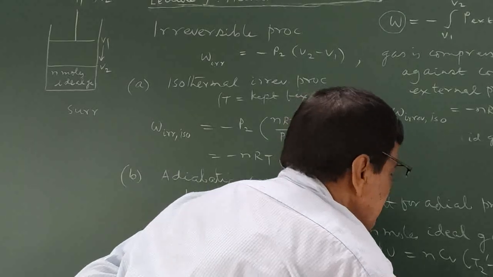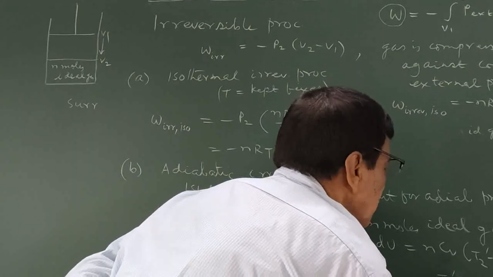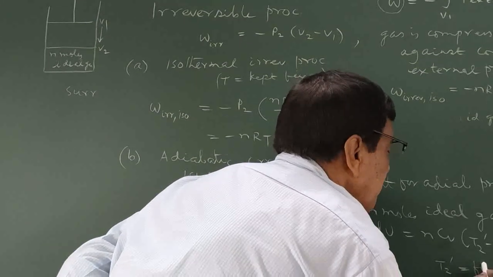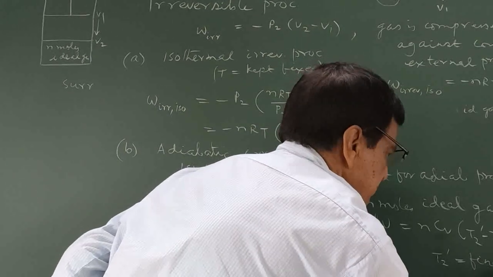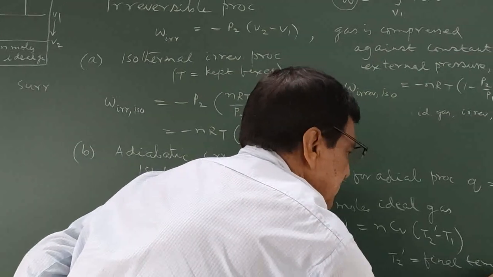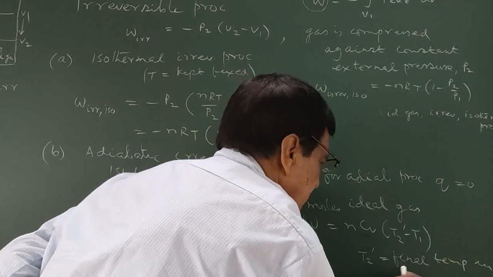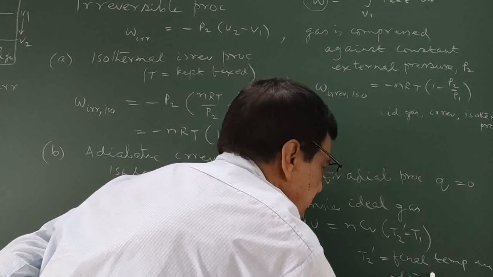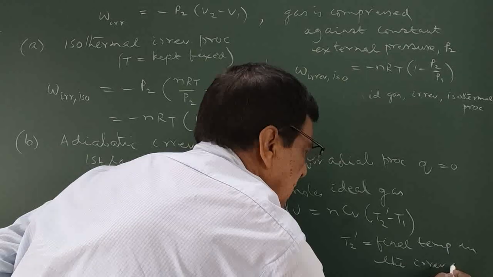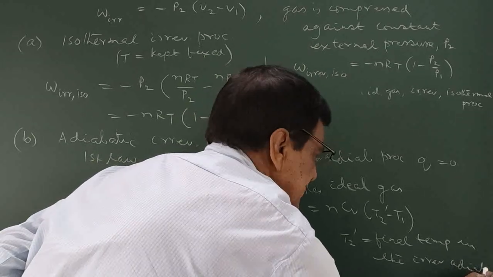Here T2 dash is the final temperature in the irreversible adiabatic process.